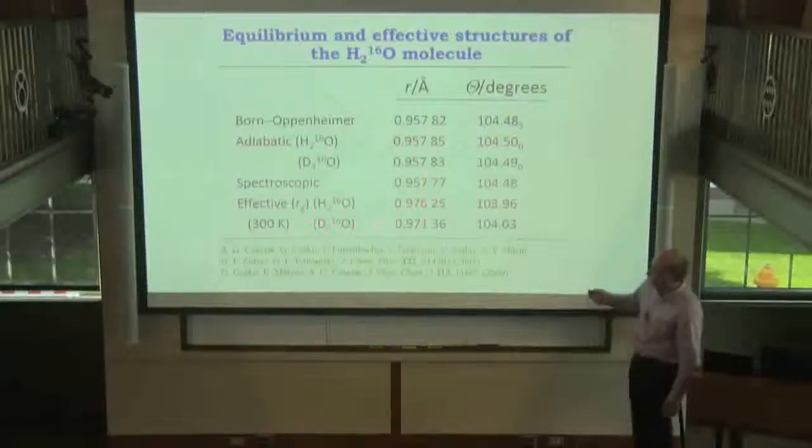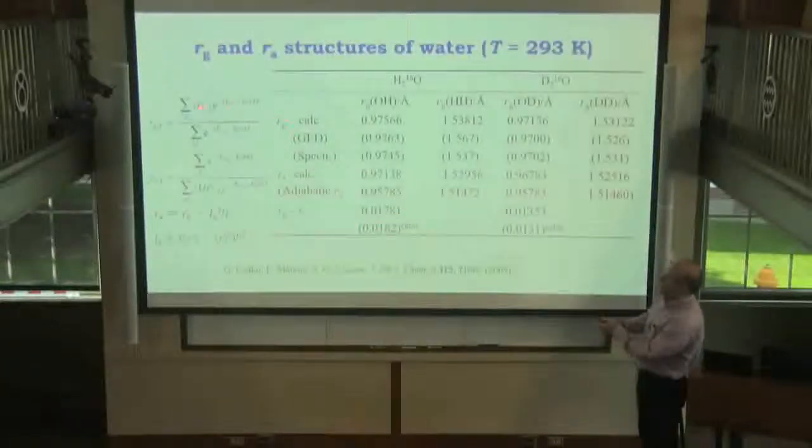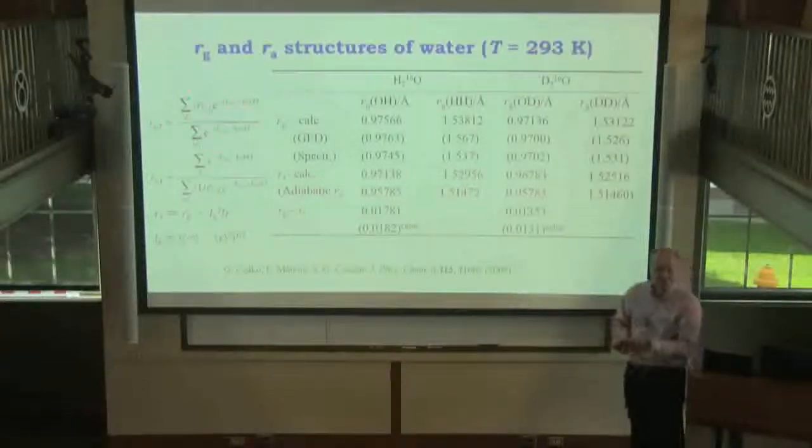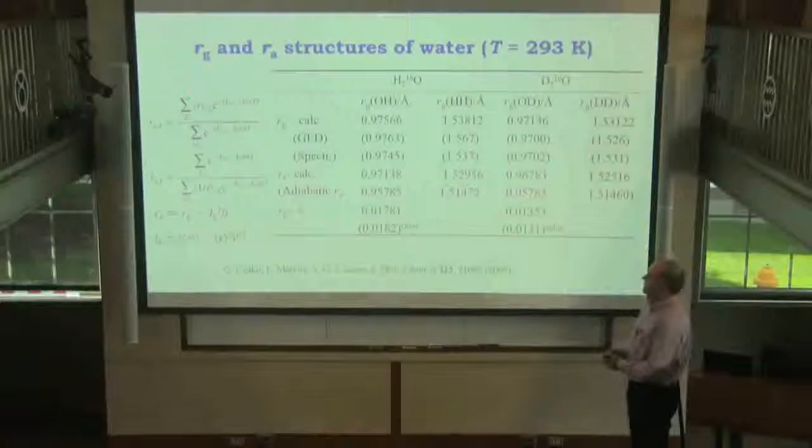You see how large the difference between equilibrium and effective parameters are for the bond lengths and the bond angles. And the way you do it, you take these averages, maybe the R average or the 1/R average, and then you get to RG, temperature dependent parameters using these Boltzmann factors. So this is a straightforward computation once you have the structure and the ability to solve the nuclear motion problem.